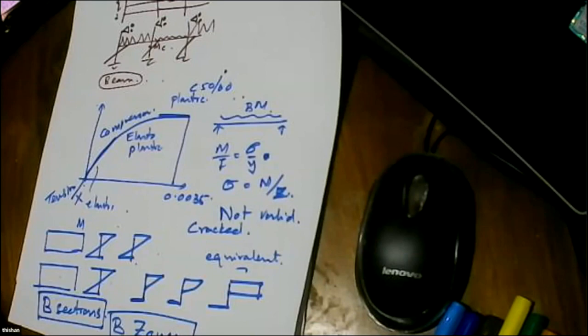The socketing length is huge. When the socket length is huge, it will develop a lot of skin friction, though that may not be the correct word, because when you have rock and concrete, what would you develop? You will develop bond.